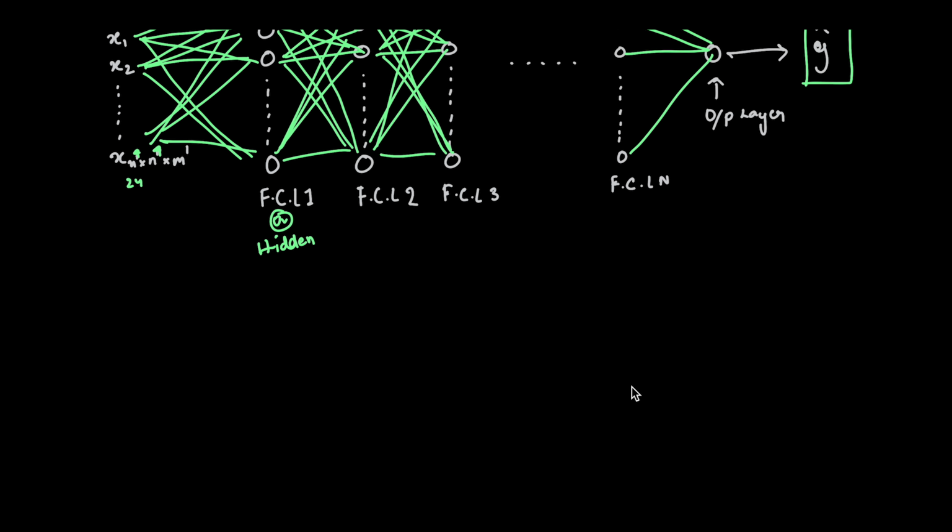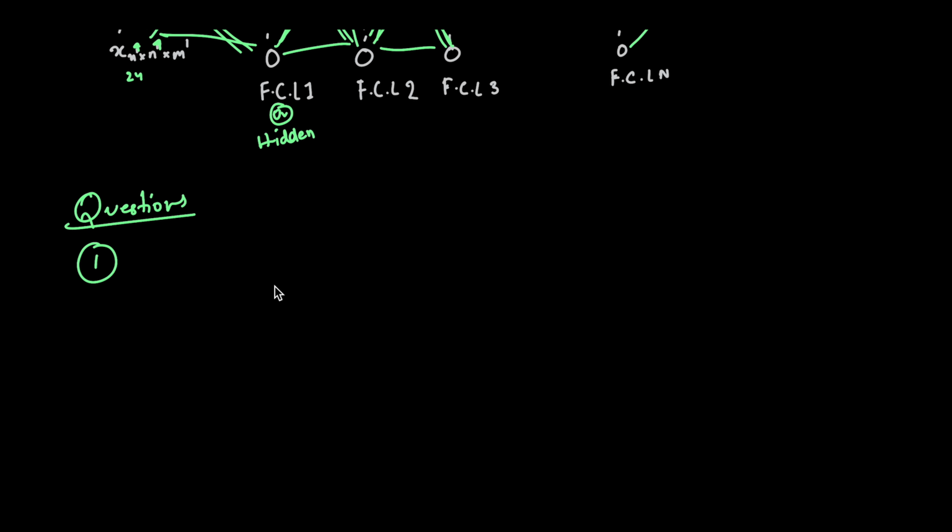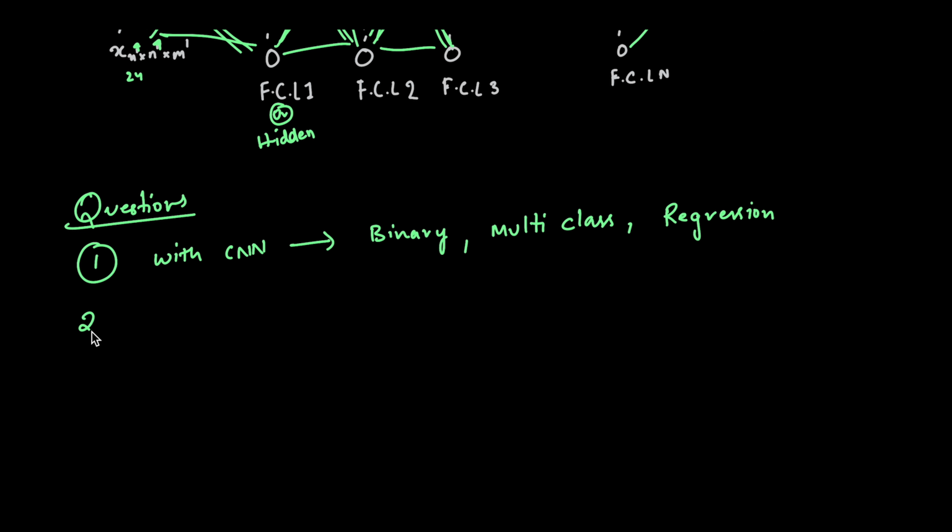And now there are two questions. First question is, what kind of tasks can we do with the help of CNN? Like, can we do classification tasks, or regression tasks, or both, or only one? And the second question is, what are parameters in case of CNN?